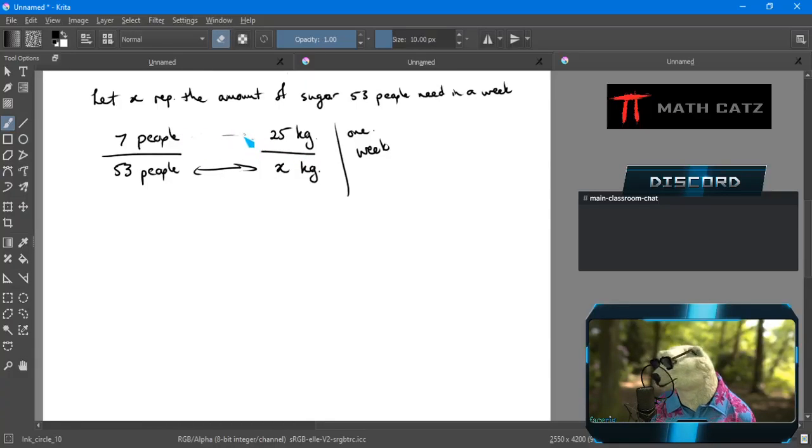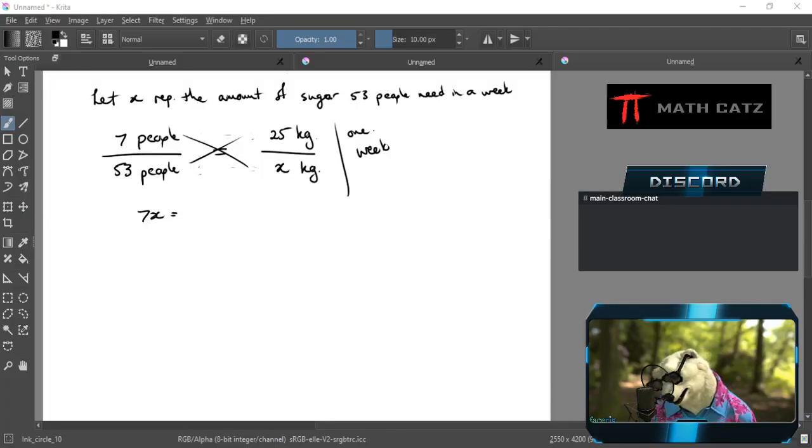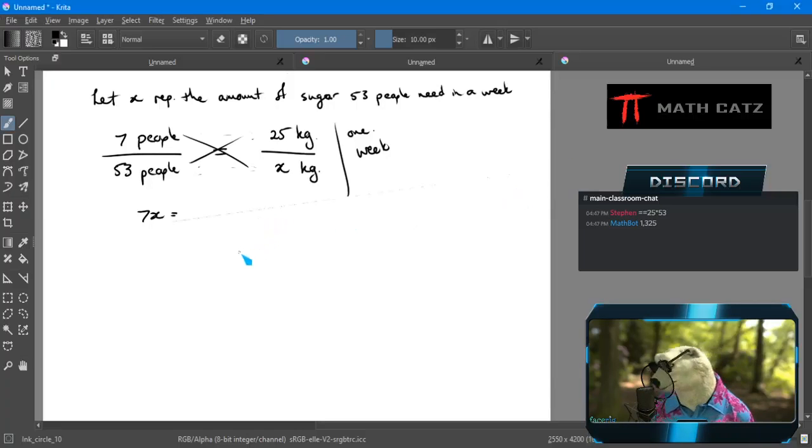And I get rid of my arrows, putting an equal sign between them. And I cross multiply. 7x equal to, what's 25 times 53? Let's find out. 1,325.